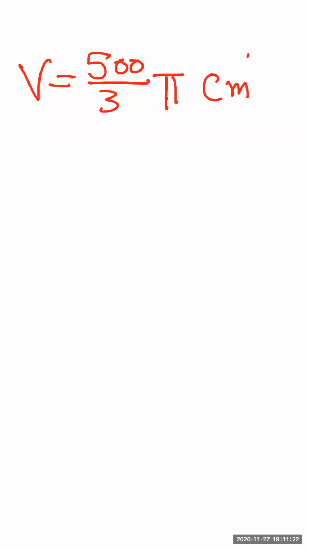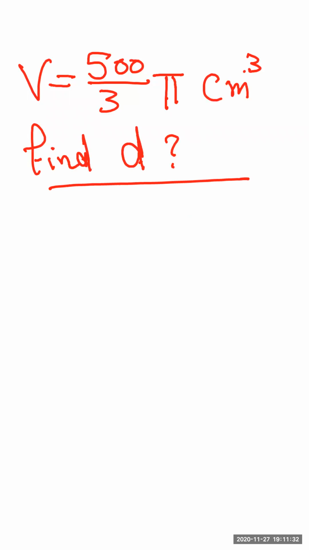So here, the volume of a sphere equals 500 over 3 π cubic centimeters. Find the length of the diameter. Okay, so this one is very easy.